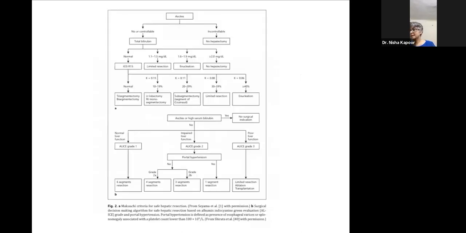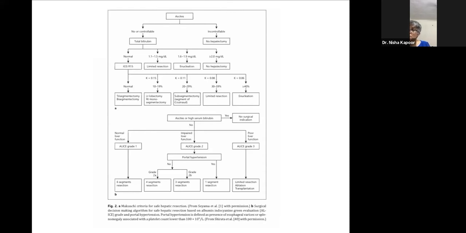So this busy slide is actually telling us the same thing which we just talked about. It tells us regarding Makuuchi's criteria for safe hepatic resection. That is, if there is ascites present, which is controllable ascites, with bilirubin of varying levels, these are the various kinds of hepatectomies we can go for.